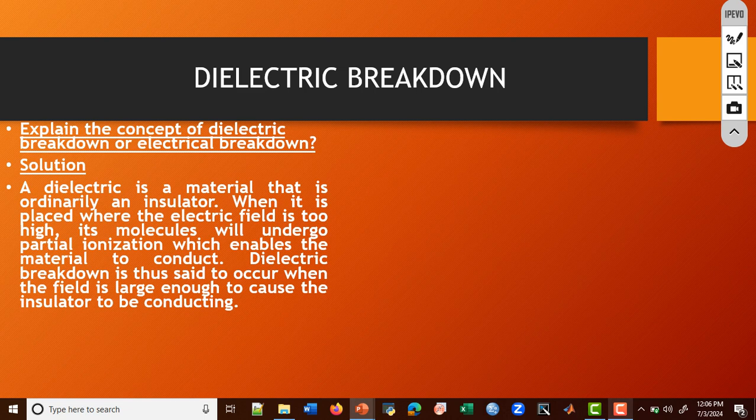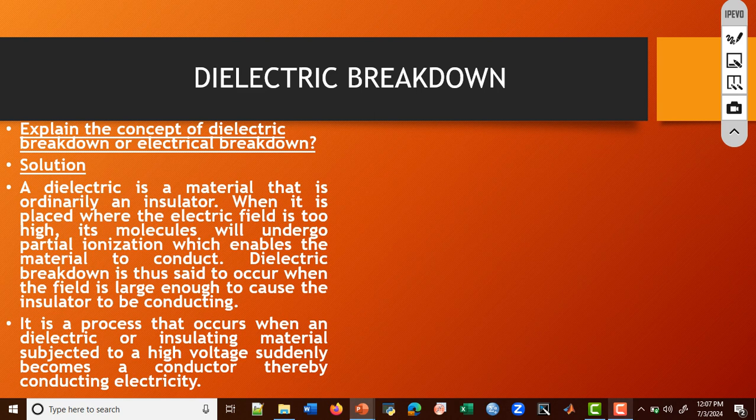When it breaks, current or charges will begin to flow between the plates. So dielectric breakdown is said to occur when the field is large enough to cause the insulating material to begin to conduct, whereby charges will flow from one plate of the capacitor to another. When it happens that way, we call it electrical breakdown or dielectric breakdown.